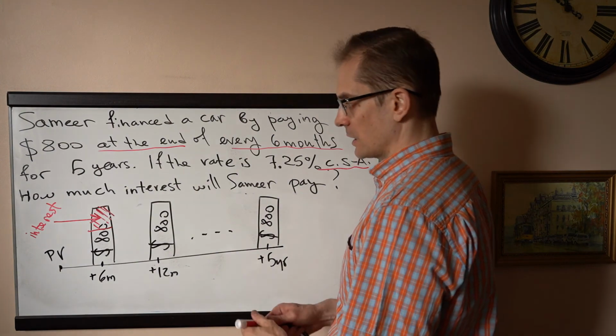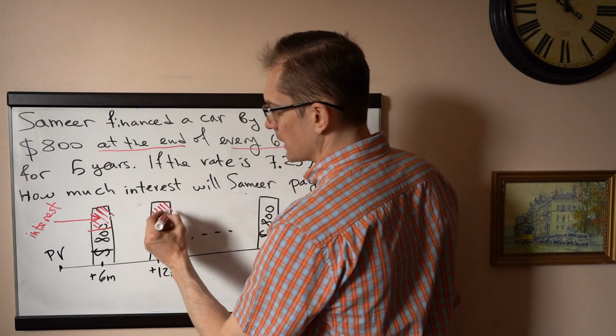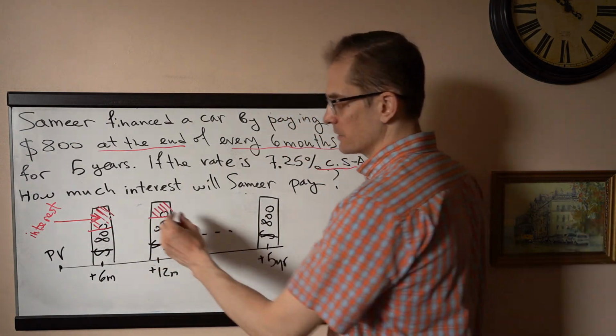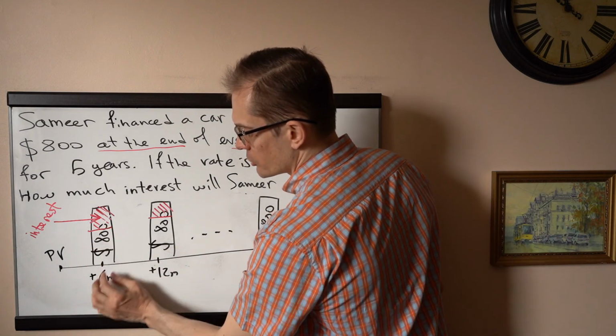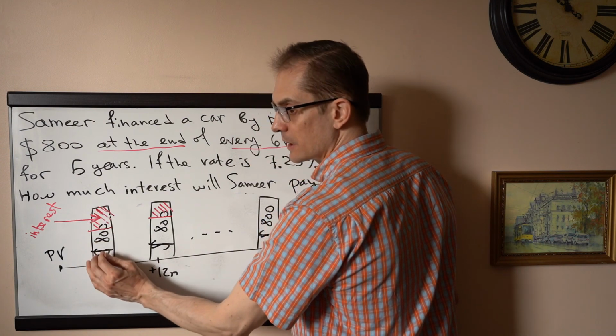So now at this moment you will have a smaller principal, which also will accrue interest for the next period, and then for the next period you will have less interest included in the payment. Why less interest? Because now that new principal, which will happen after 6 months, will be a little bit smaller because you already paid it out a little bit.